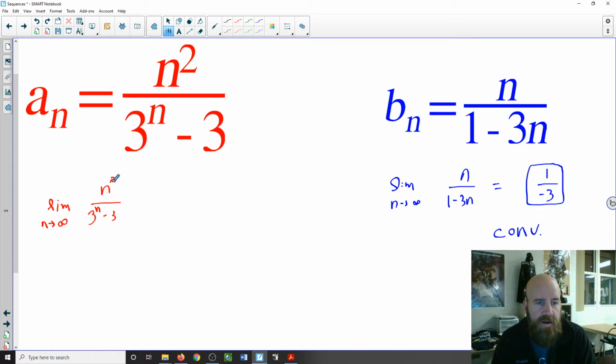So squared, and we have an exponential. We know that exponentials always grow faster, so the bottom's going to grow faster. So we know that this should end up being 0.